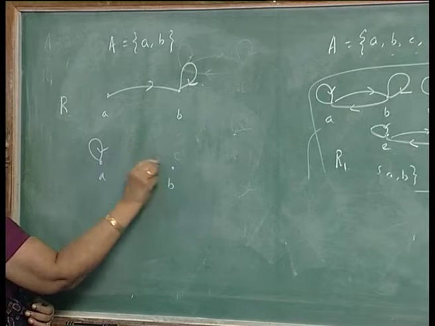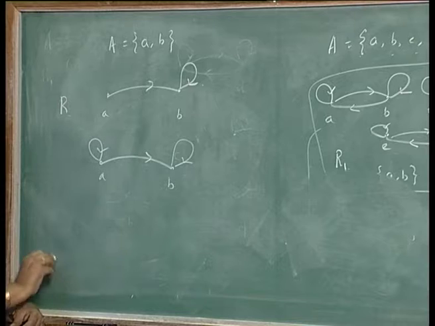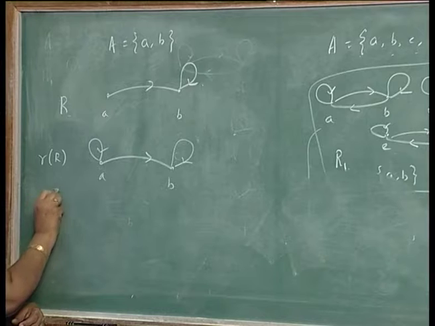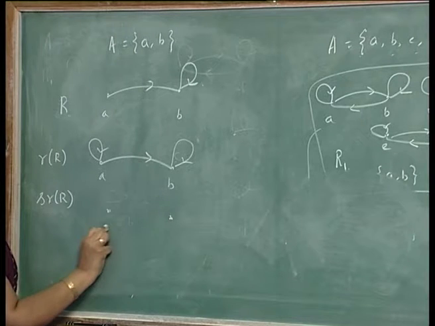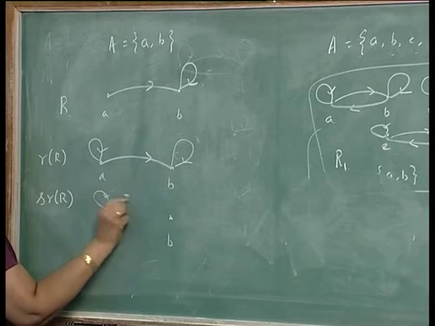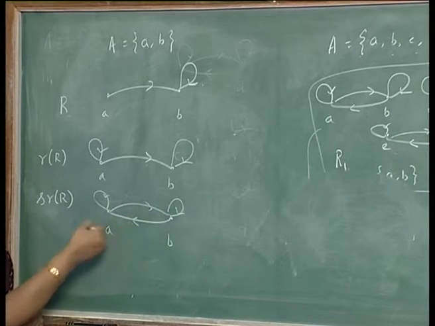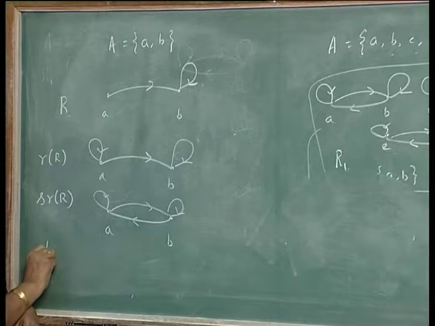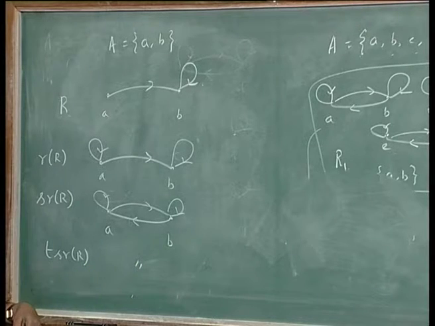That will be adding a self loop here. Then take the symmetric closure, that is you will be adding the other one. Obviously, it is transitive, so while taking the transitive closure, you do not have any problem, it will be the same as this, that will give you an equivalence relation.